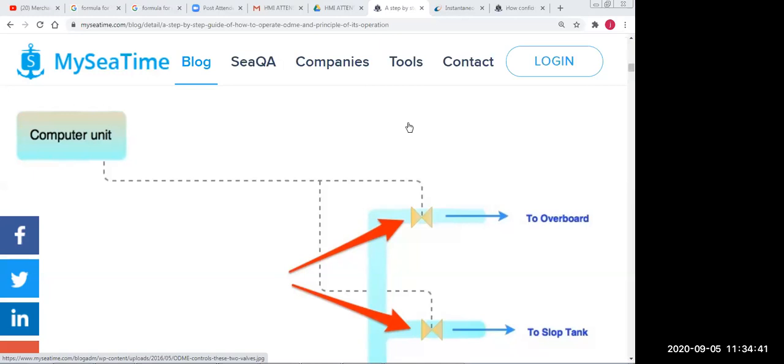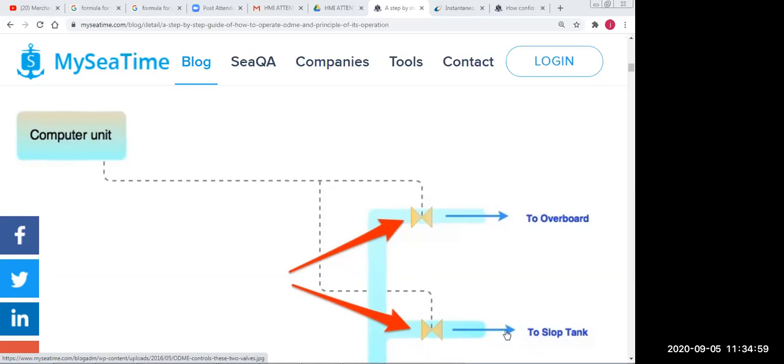So let's start with ODME, Oil Discharge Monitoring and Control Equipment, ODMCS. Basically in oil tankers, we have to discharge some oily water overboard.